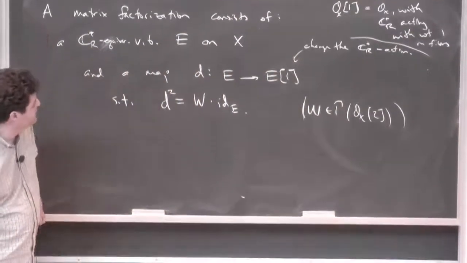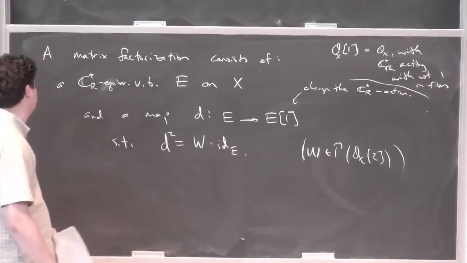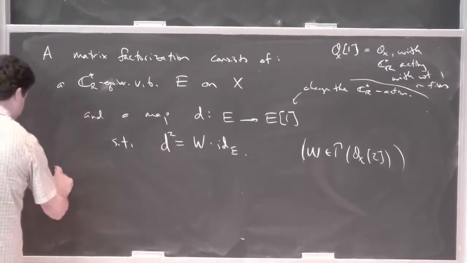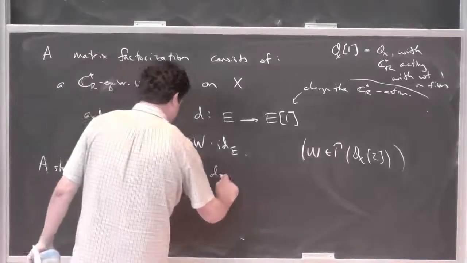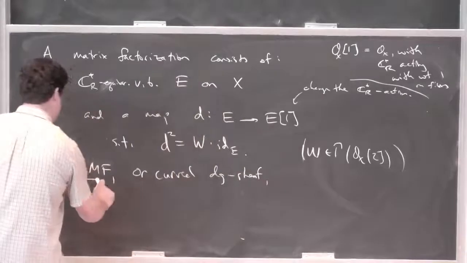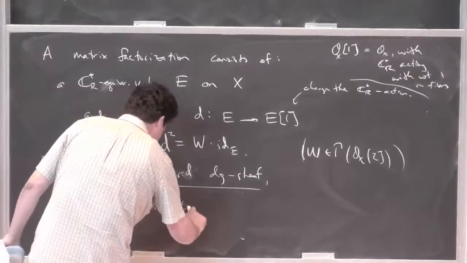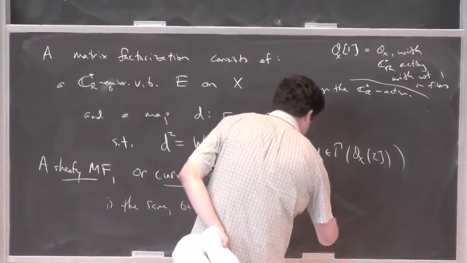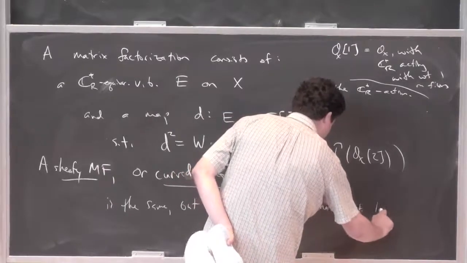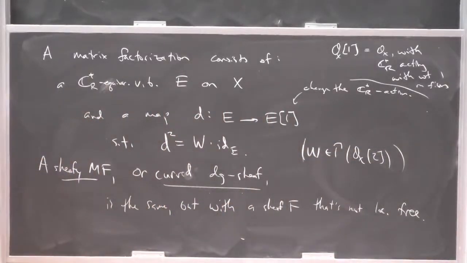Okay, so let's try to make contact with, and I'll say a sheafy matrix factorization, or sometimes a curved DG sheaf, is the same, but with a sheaf F that's not locally free, or that need not be.